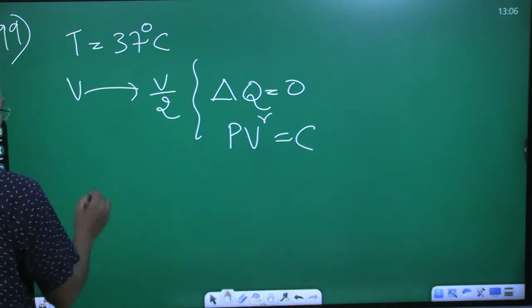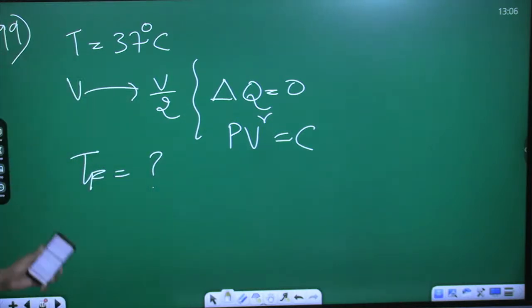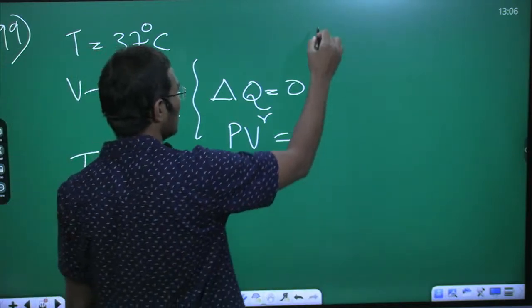The final temperature. So how do you find the final temperature? I guess you remember the previous equations that I gave.